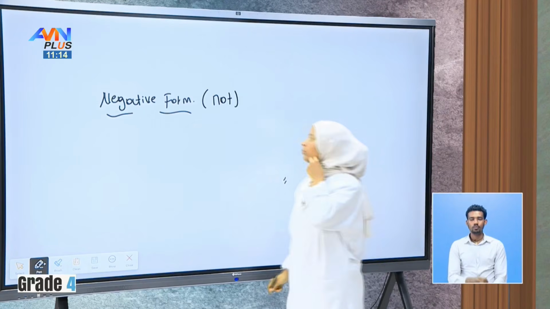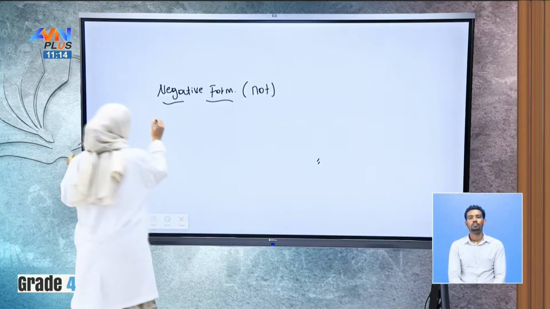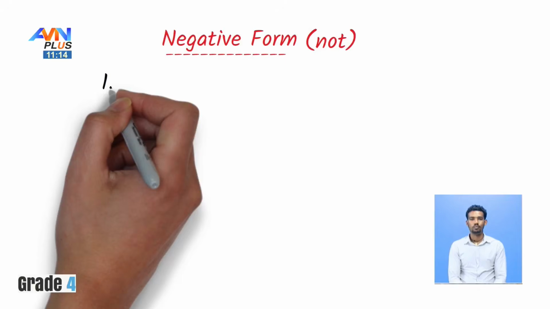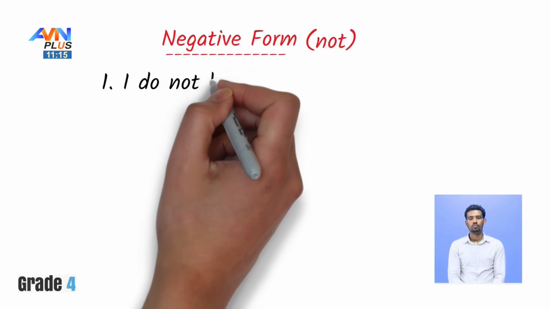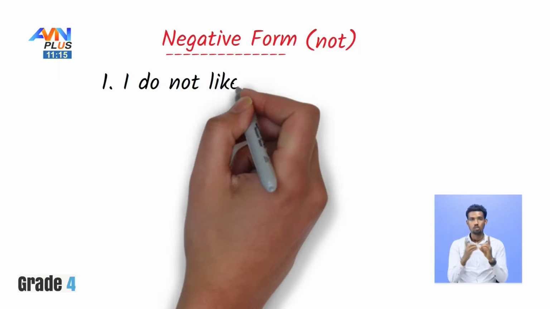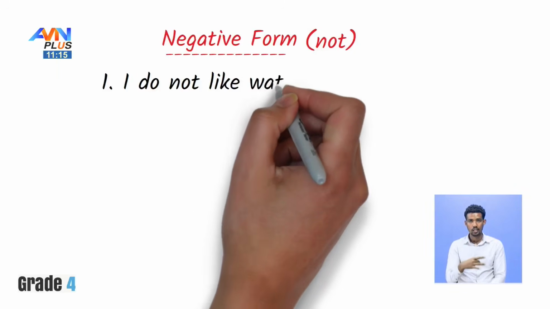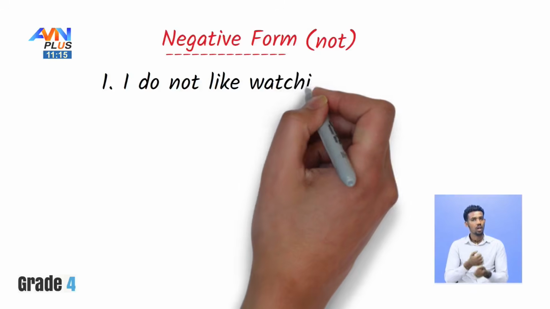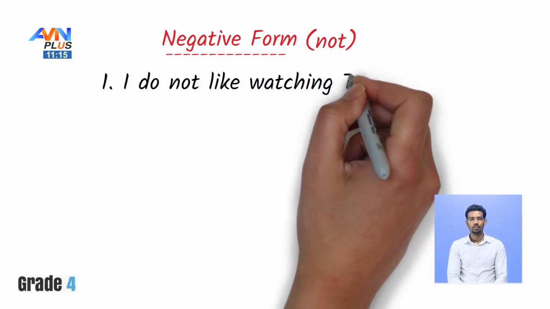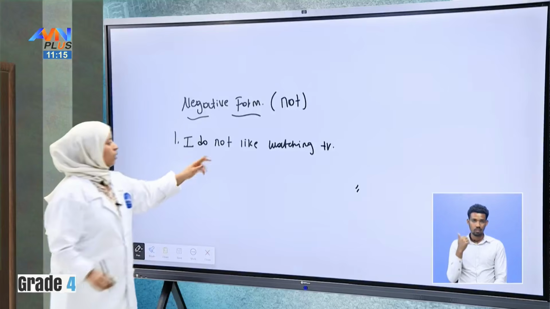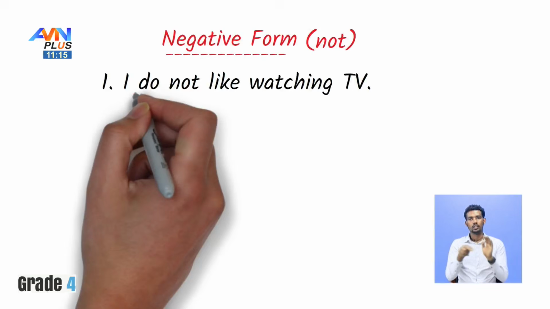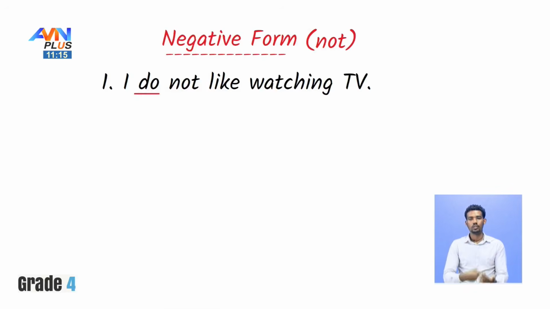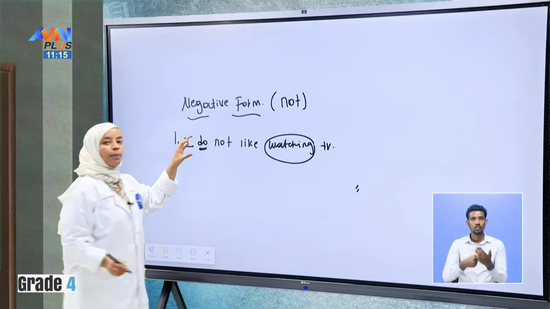Let me show you. Number 1, I do not like watching TV. Look here: not as a negative form. Here is do. Here is the main verb. These are all helping verbs.